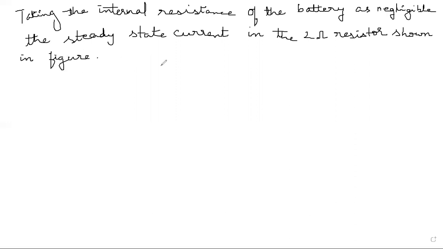Okay, so we have the resistor here. Along with that, we have one capacitor. So we have the cell. So please make the differences. This is capacitor C and this is battery.